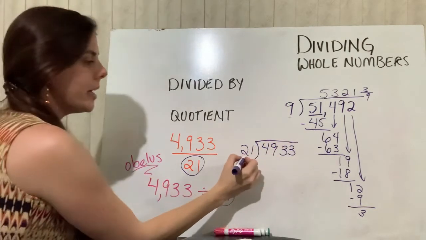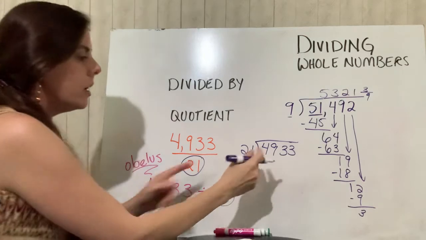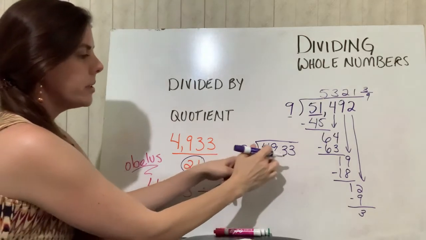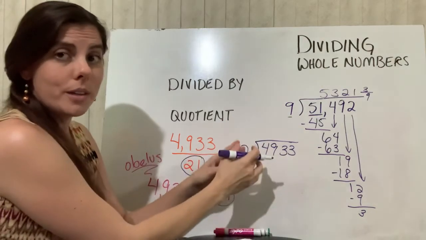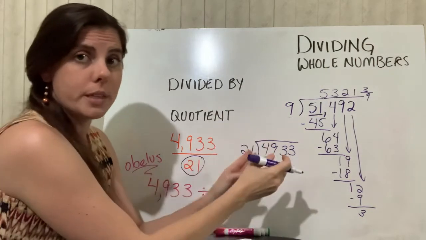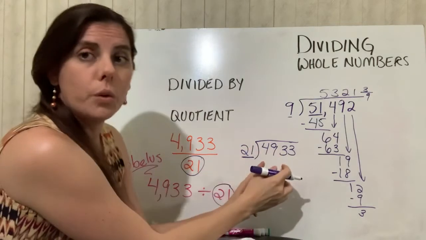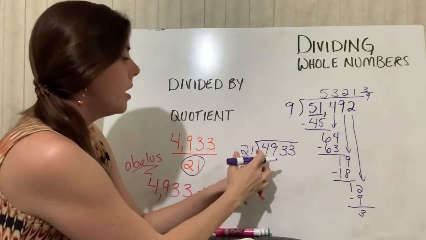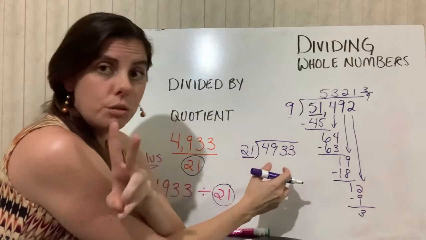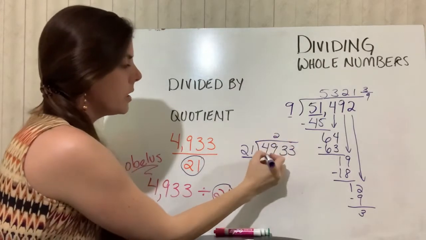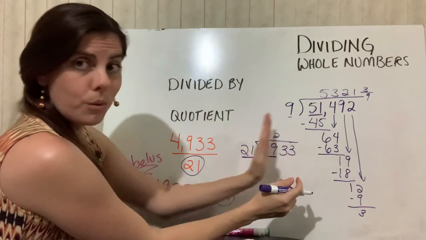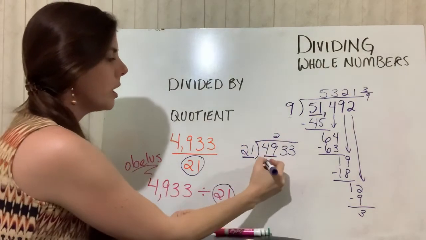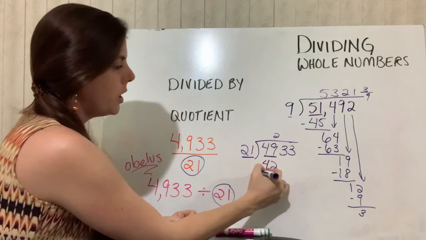Because this has two numbers, we have to look at these two numbers and see which one it'll go into. Even though the divisor is two digits, we still follow the same rule. So 21 will go into 49 2 times, and because it goes into 49, we write it over top of the last number that we're going into. 2 times 21 is going to be 42.